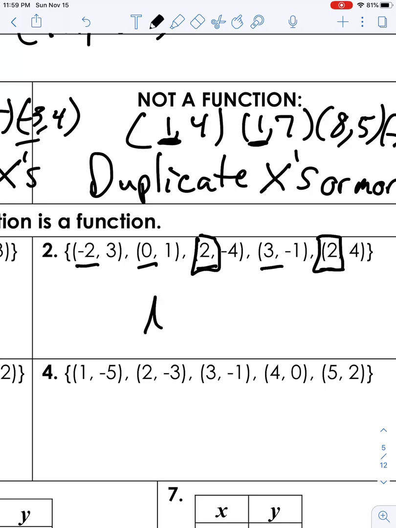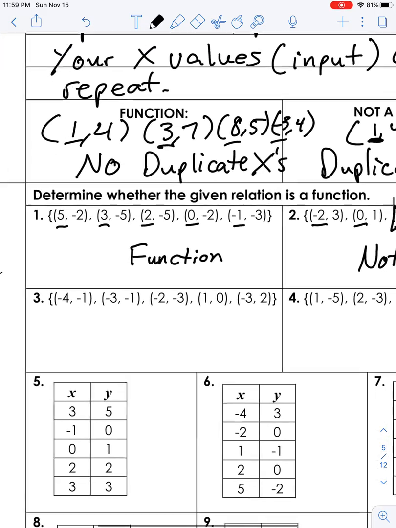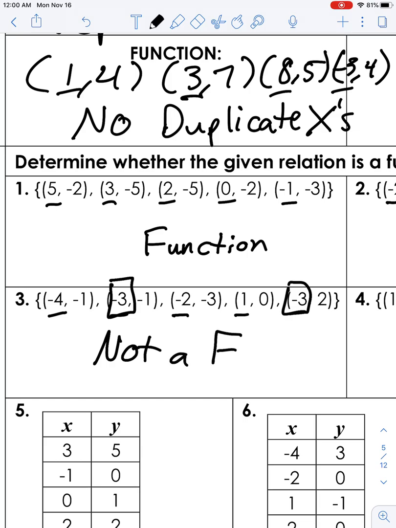We have duplicate 2's, so that is not a function. All right, come over to number 3. So -4, -3, -2, 1, -3. We have duplicate -3's, so that would be not a function.